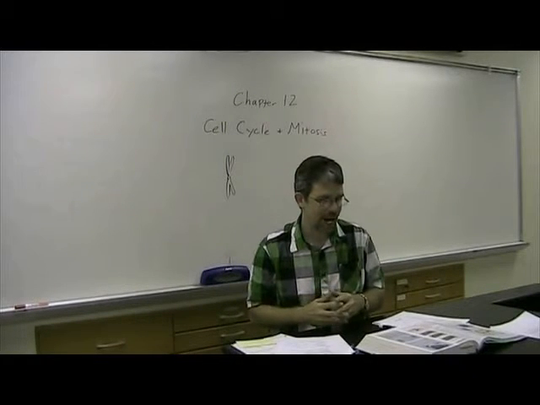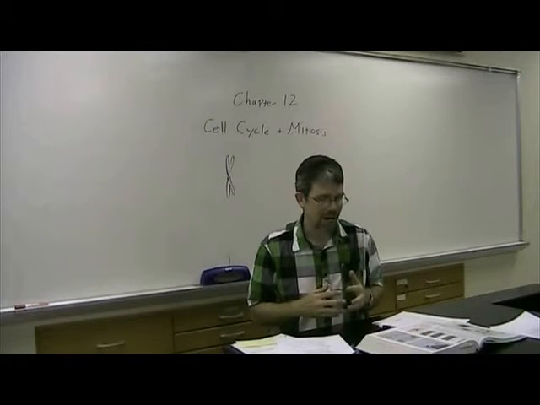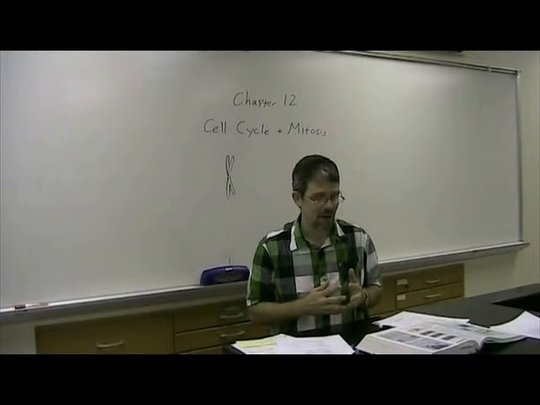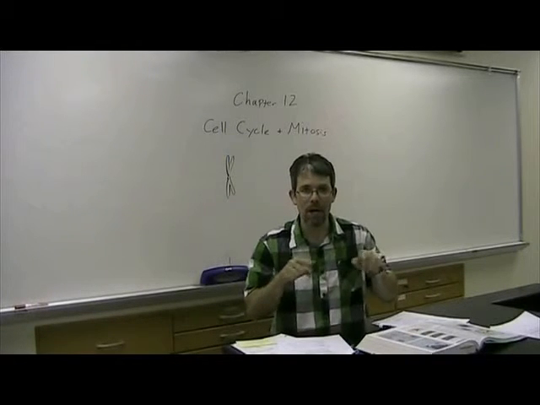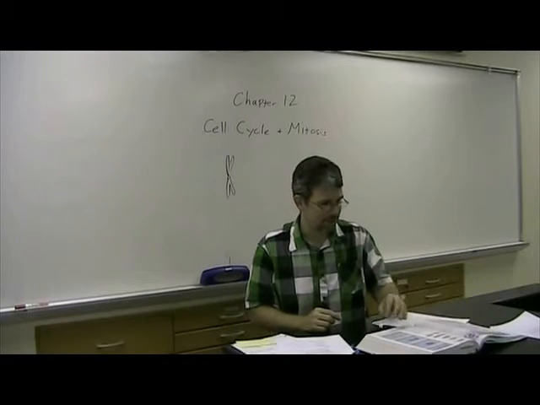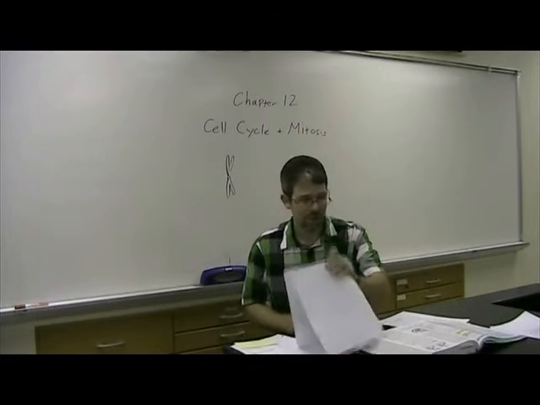Figure 12.9 at the top shows you the cleavage furrow. Figure 12.9 at the bottom shows you the plant cell. Cytokinesis in a plant cell involves a cell plate, a growing of a cell wall separating the two daughter cells. Now that's an overview of the cell cycle.